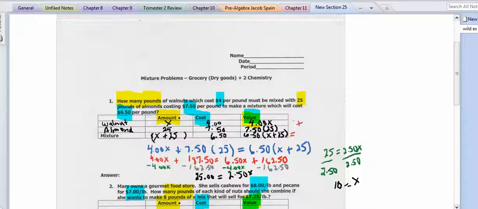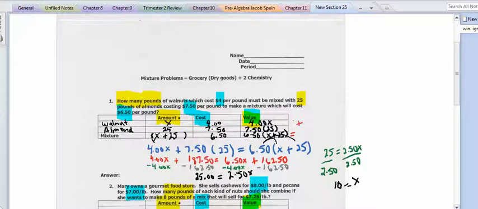Okay, so I went through and I did the math. I multiplied 7.50 times 25, got 187.50. I multiplied 6.50 times x to get 6.50x, and then I multiplied with the 25 and I got positive $162.50. Then I moved the x over to this side, got 2.50x, subtracted the $162.50 from the $187.50, and I got $25.